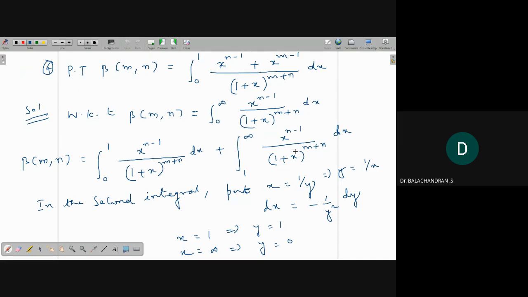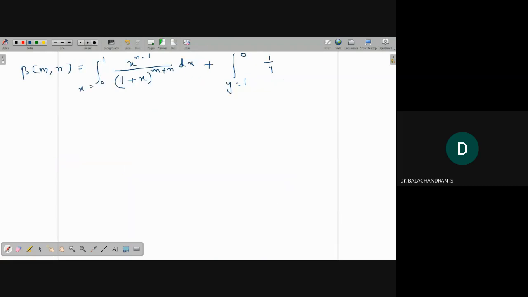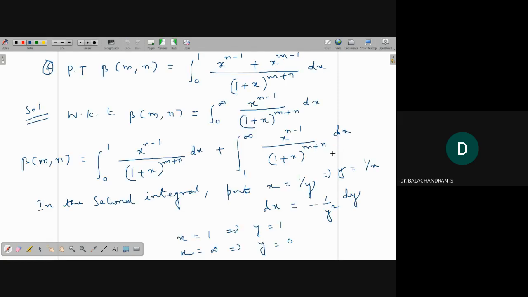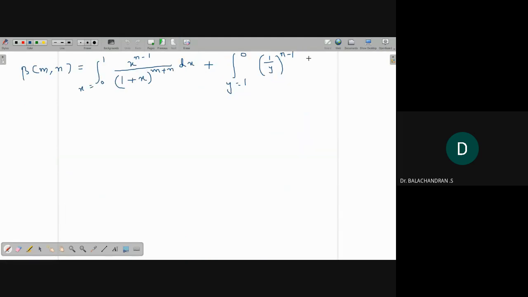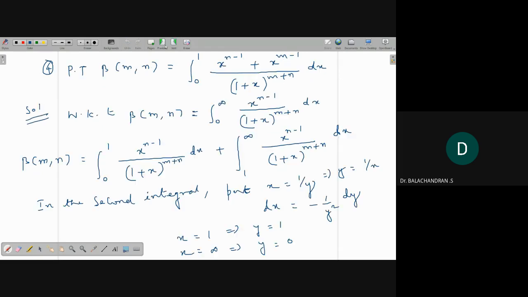What is x^(n-1)? x is equal to 1 by y, so (1 by y) whole power n minus 1. Then dx is minus 1 by y square dy, divided by (1 plus x) whole power m plus n. 1 plus x is 1 plus 1 by y, so (1 plus 1 by y) whole power m plus n.